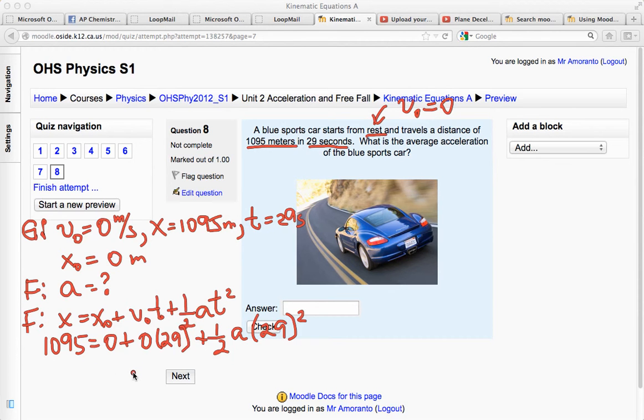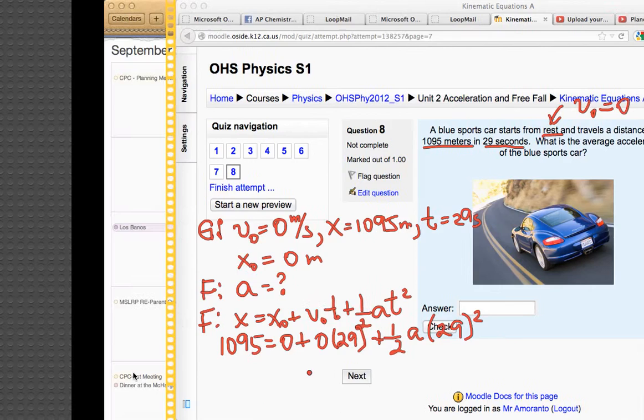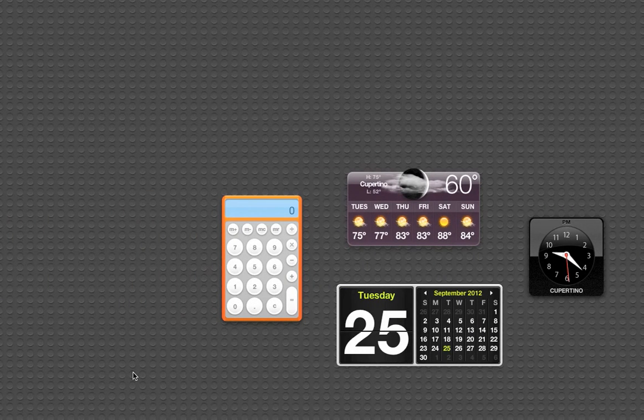So let's go to the calculator really quickly. I need to know what 1/2 of 29 squared is. So 0.5 times 29 times 29, on this rudimentary calculator here, equals 420.5.